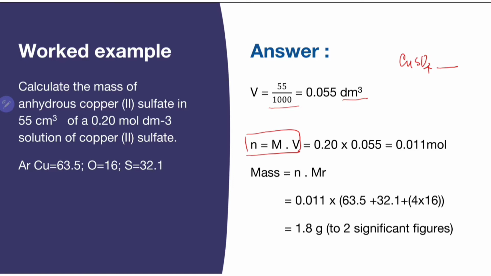This is the molarity, 0.20, times the volume in dm cube. So you get the mole, and then you can find out the mass by multiplying the mole with the Mr. So you have the mass.